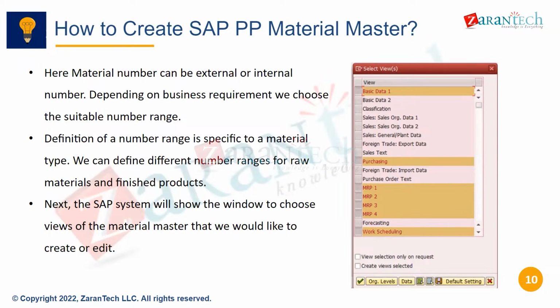For example, even though it is a raw material, there are scenarios where you are going to sell it, because you have to provide spares. So a raw material also has to be sold as a spare. Then you cannot stop this. You have to have the sales view, correct? Because without the sales view, you cannot sell.